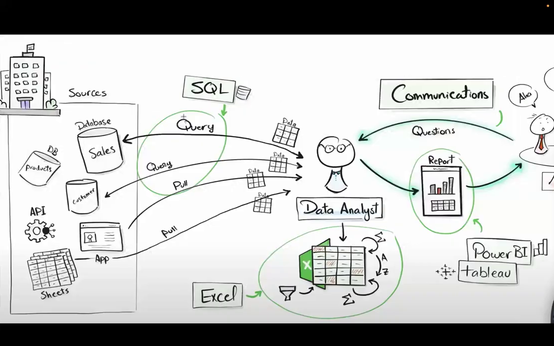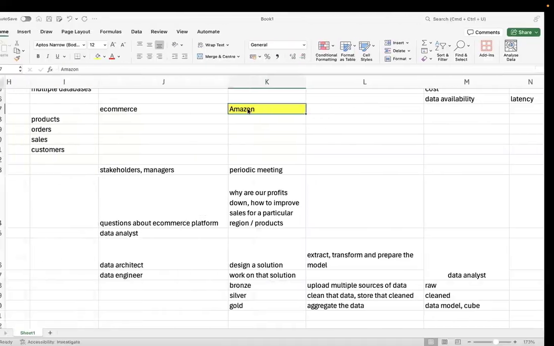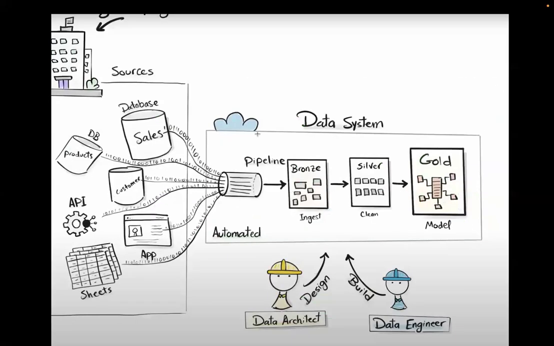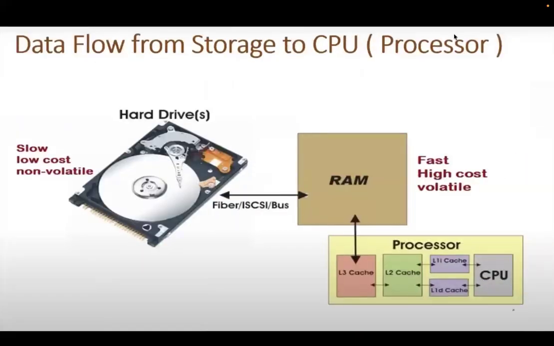So now that we have understood the different roles, we can continue talking about big data, guys. Let's talk about the data flow in general that happens in our computer. Most of you are already aware; this is just a refresher. We have a processor in our computer, which contains the CPU and other stuff.